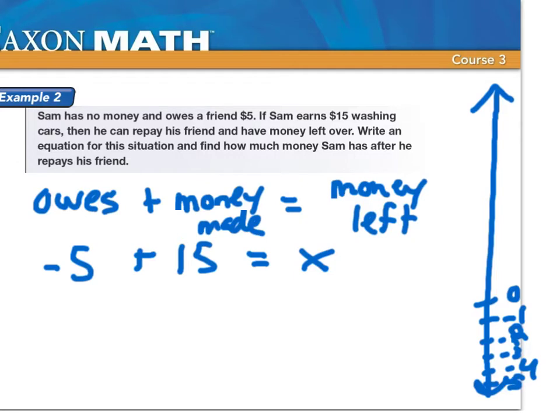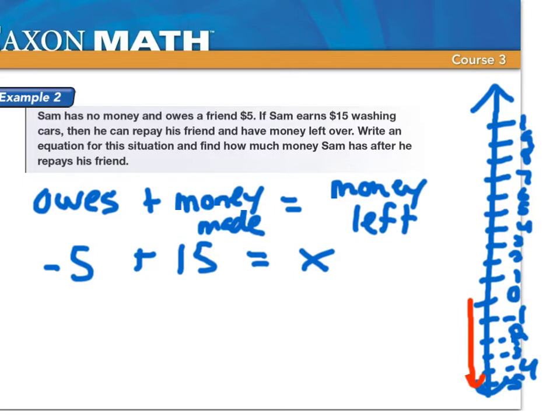Alright, so we know right away that he's down money. He's down $5. Okay. Got to finish numbering our number line. And there's 1, 2, 3, 4, 5, 6, 7, 8, 9, 10.